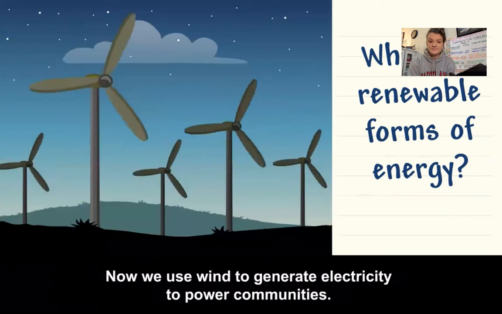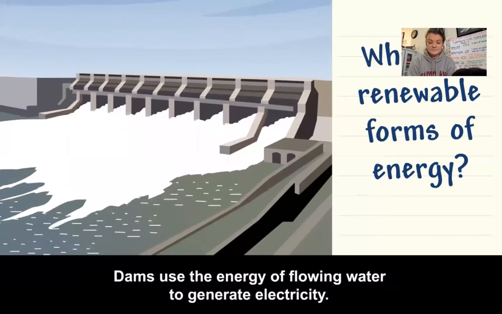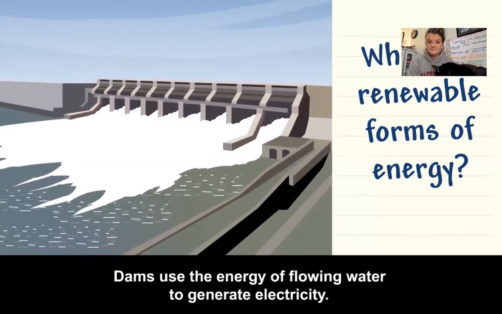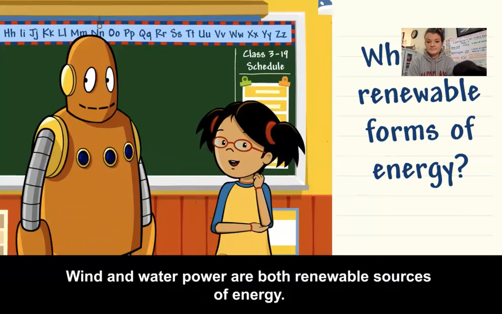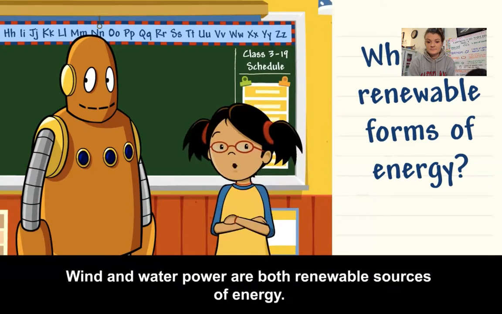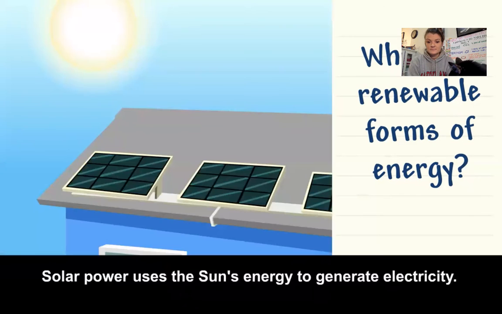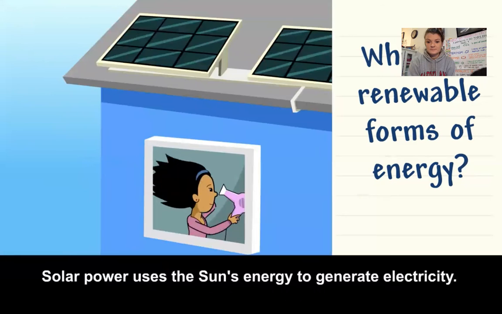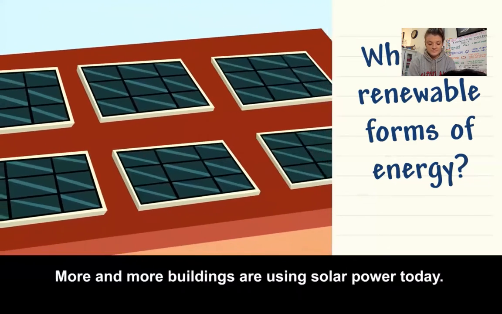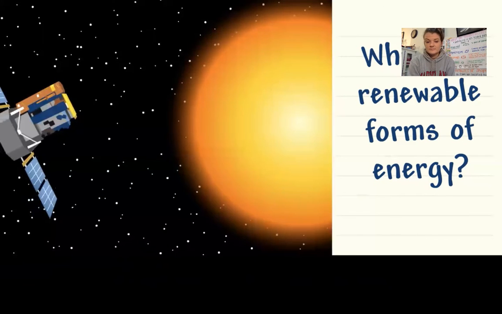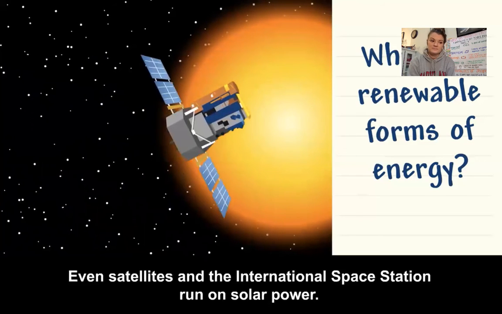Now we use wind to generate electricity to power communities. Dams use the energy of flowing water to generate electricity. Hydroelectric energy is a renewable source. Wind and water power are both renewable sources of energy. Solar power uses the sun's energy to generate electricity. More and more buildings are using solar power today. Even satellites and the International Space Station run on solar power.